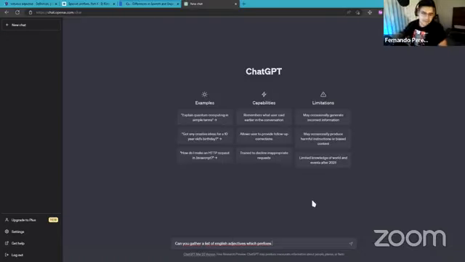I don't remember the name, but I would say, can you gather a list of English adjectives whose prefixes don't match their Spanish equivalent?